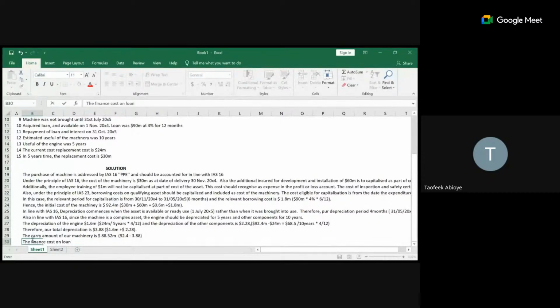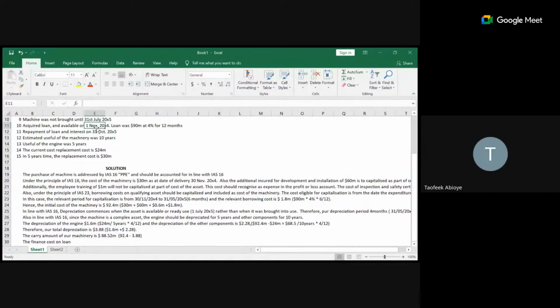Let's take it one after the other, please. When was this loan available? The loan was available November 1. And the loan was for how many months? 12 months.